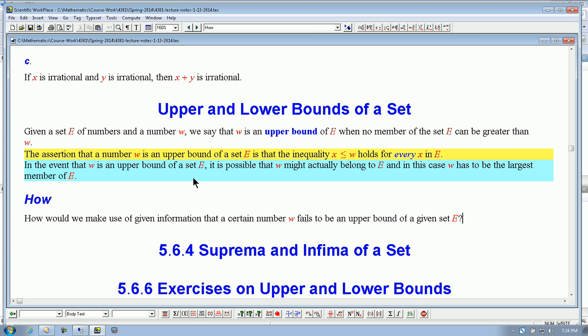That's my question. We've got a certain number called W and a set E, and I'm telling you that W is not an upper bound of E. There's some member of E that's greater than W. Well, yes, but how would you make use of this fact?